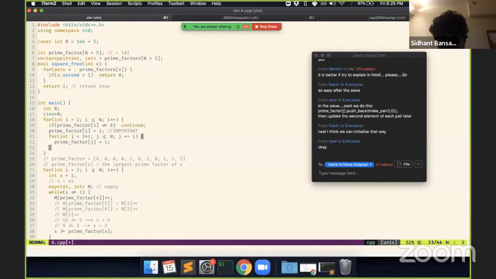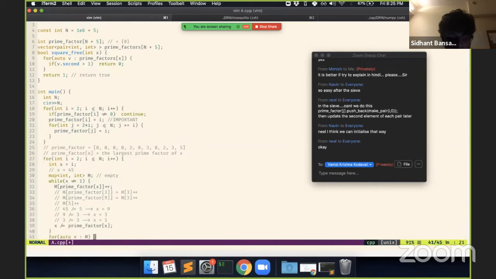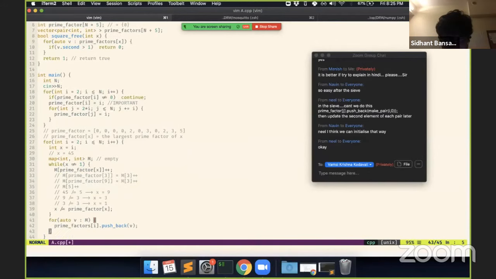When you got prime factor 3 here, you actually want it to be 3 itself. That's why that line was important. If you missed it, you'll have some bug. So m3 plus plus happens, and then 3 divided by 3 happens, which makes x 1. And once x became 1, you break, because your loop only ran while x was not 1.